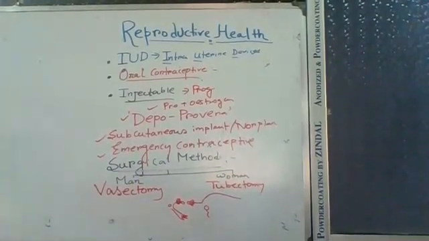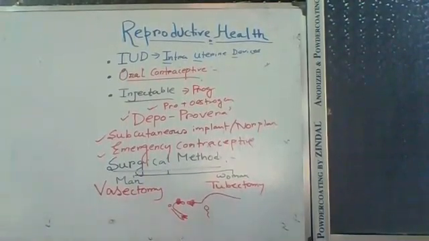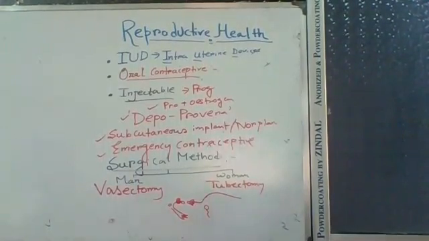Ovulation হচ্ছে, কিন্তু তারপরেও এখানে fertilization হবে না। So that is called tubectomy, right?